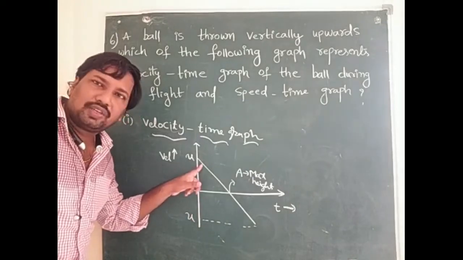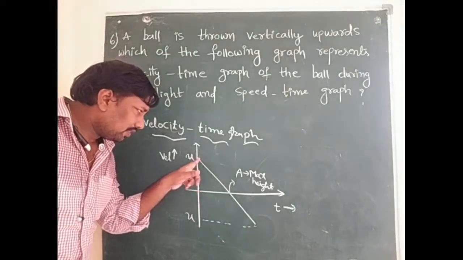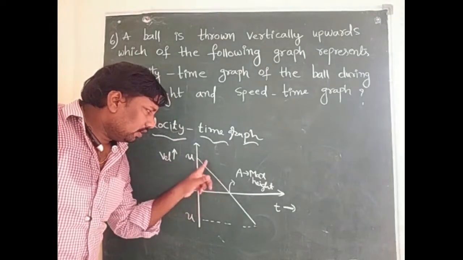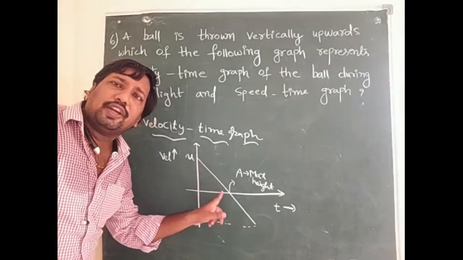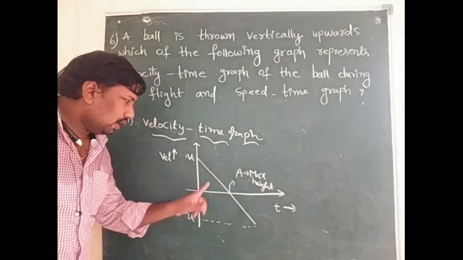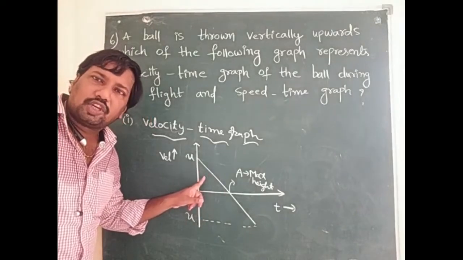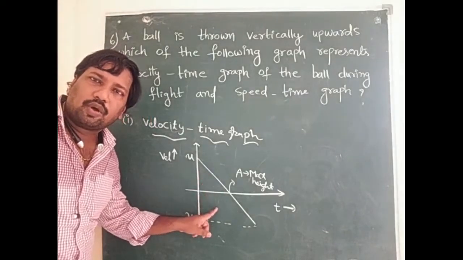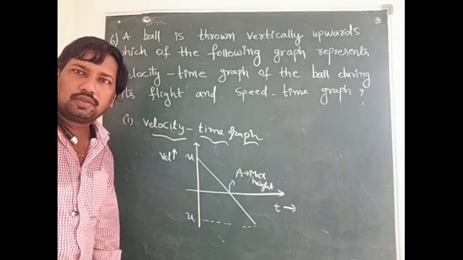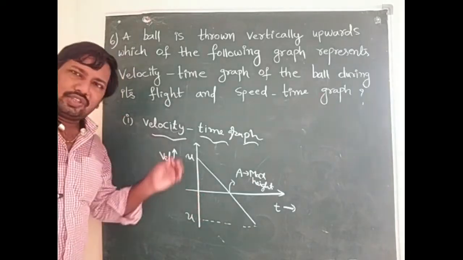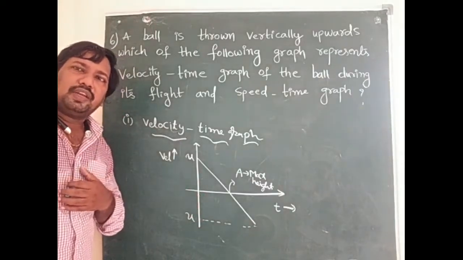So here it is passing through the negative y direction. In the vertically projected body case, the velocity time graph is this one. Next, in the same situation, the speed and time graph.